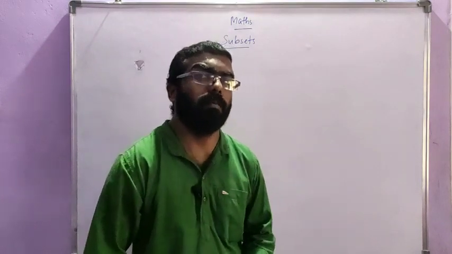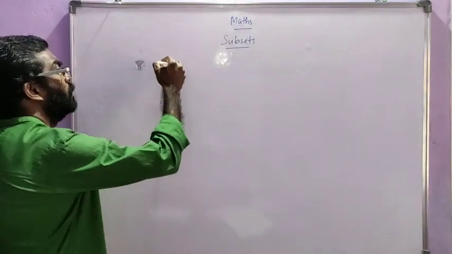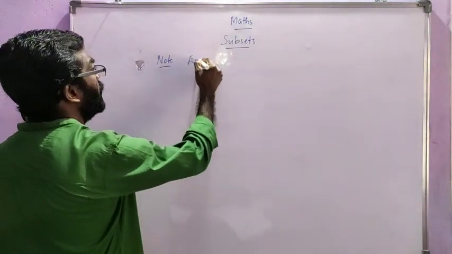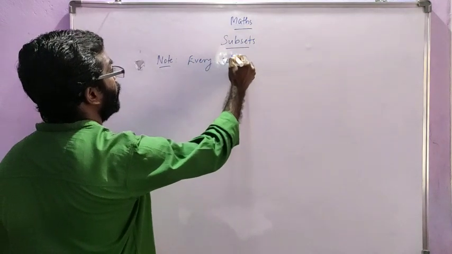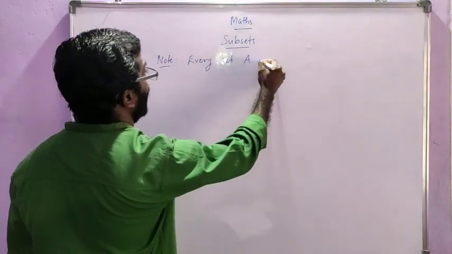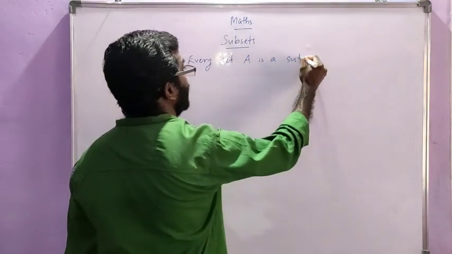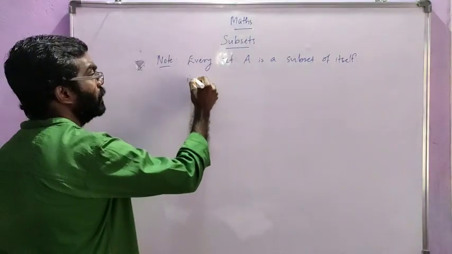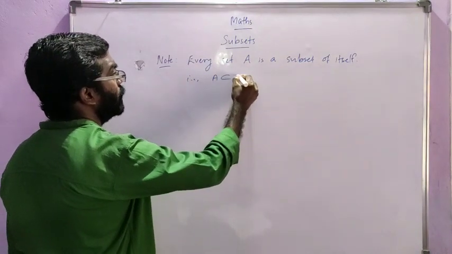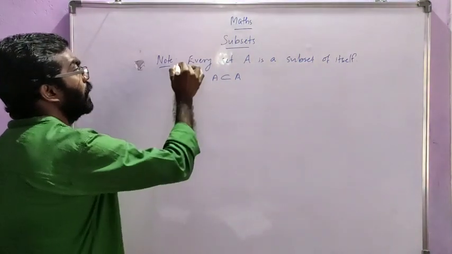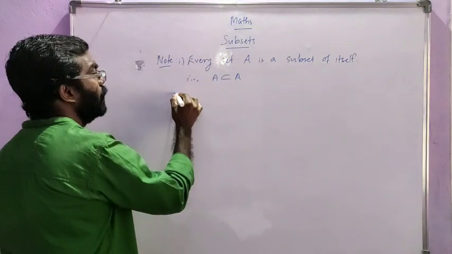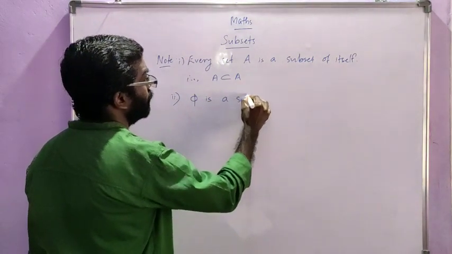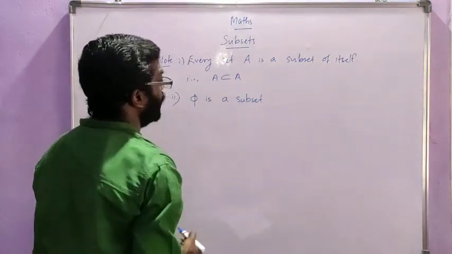Now we shall discuss some important concepts. First one is, every set A is a subset of itself, that is, A is a subset of A. The next point is, phi is a subset of every set. Phi means the empty set or the null set.